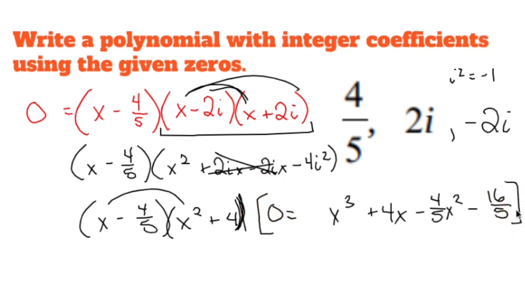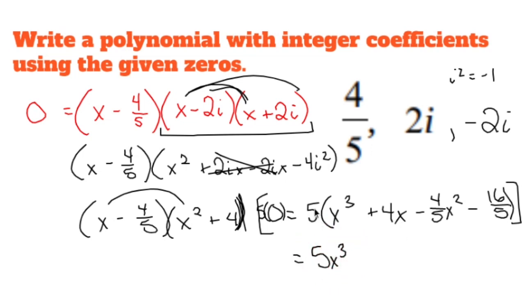Before I call it a day, I'm supposed to have integer coefficients. So what I'm allowed to do is multiply both sides by 5. Why am I doing that? To make these fractions no longer fractions. So by doing that, I now have a polynomial where I can have 5x cubed.